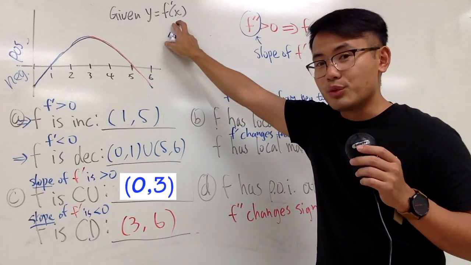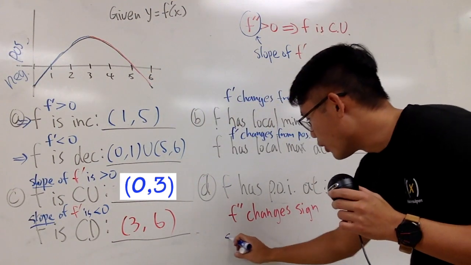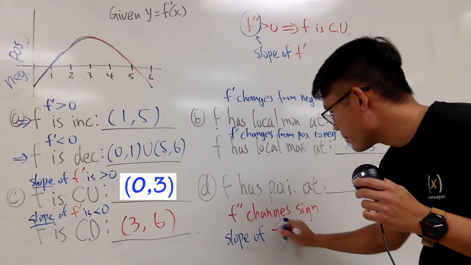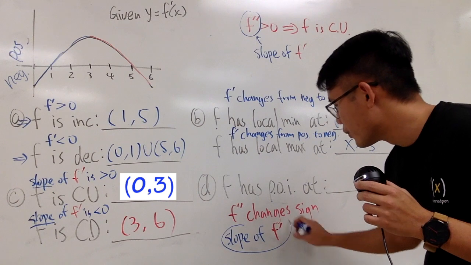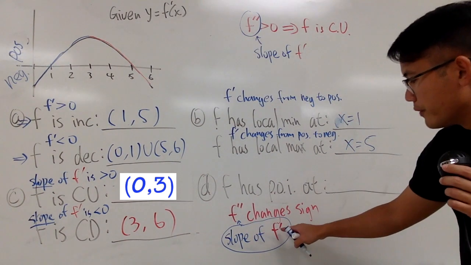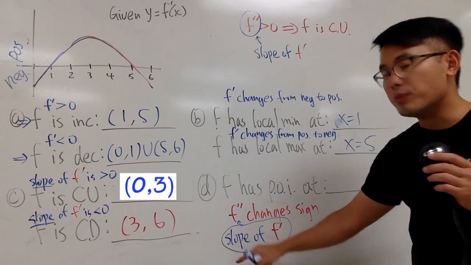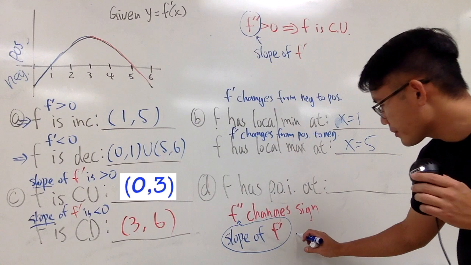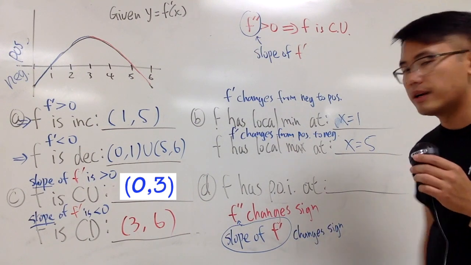This is the first derivative. We look for the slope of f prime. This is how we get the second derivative. Slope of the f prime. And the reason I say slope is because, once again, we can utilize the graph. Slope of f prime changes sign, right?